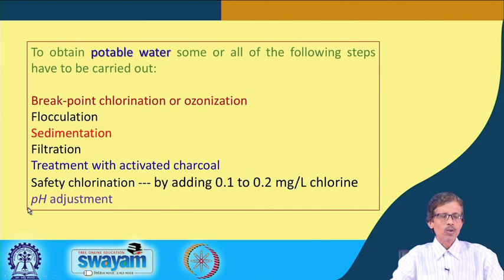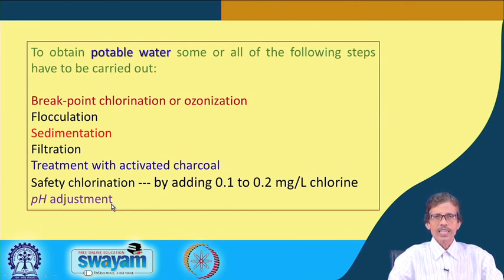Then we finally can go for pH adjustment, because for all these industrially important reactions, such as with a catalyst or some solute, the water should be at neutral pH, that means in the range of pH 7.